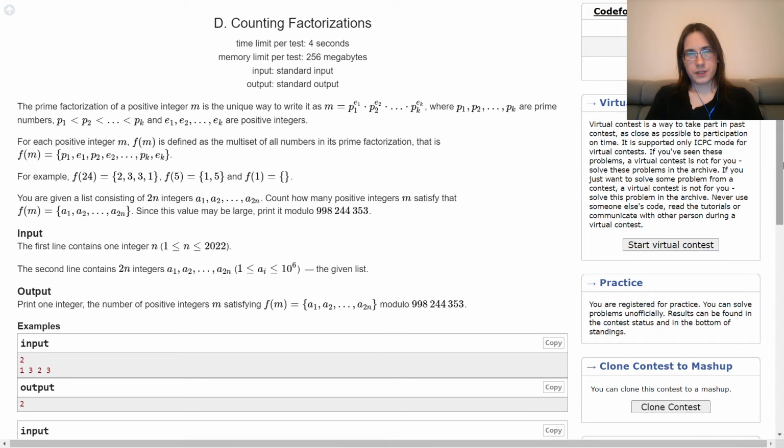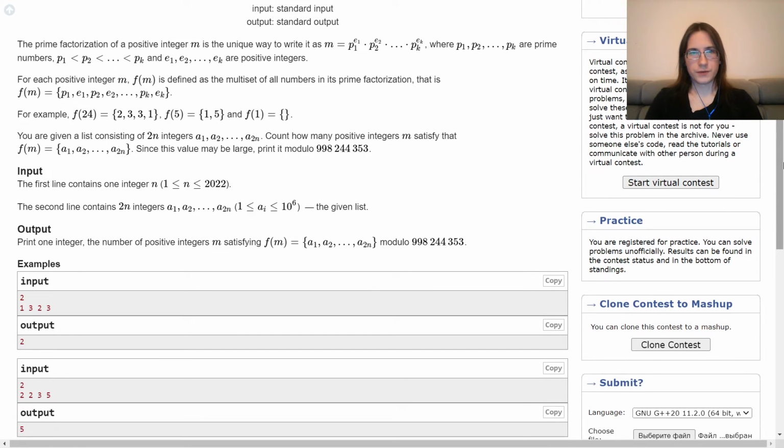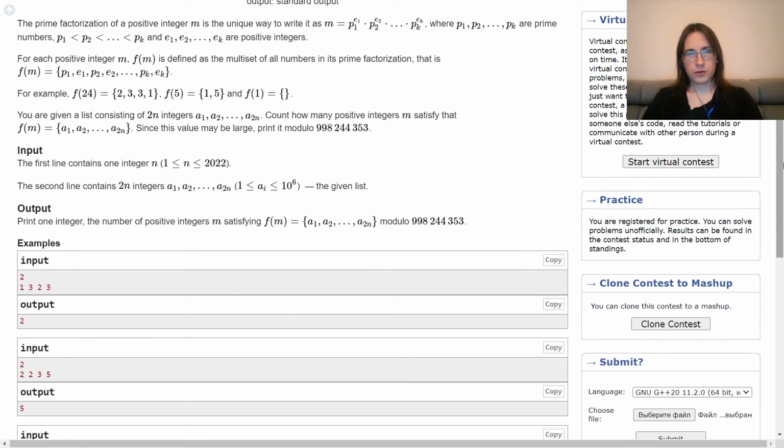Now for problem D, you can read it now or listen to my explanation. In my words, you are given a list of 2n positive integer numbers. You need to find the number of ways to construct a factorization of length n using those numbers. What is a factorization of length n?